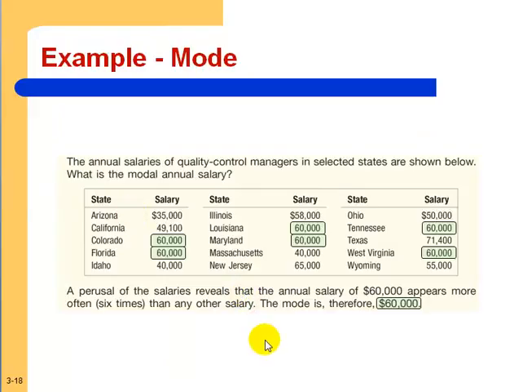The annual salaries of quality control managers in selected states are shown below. What is the modal annual salary? 60,000 appears most, so we say 60,000 is the modal annual salary.